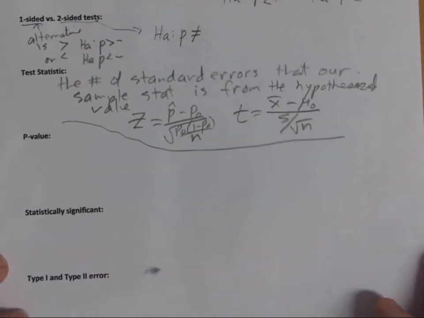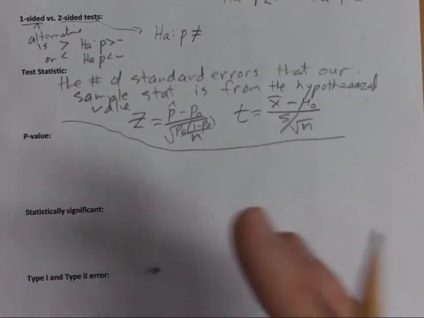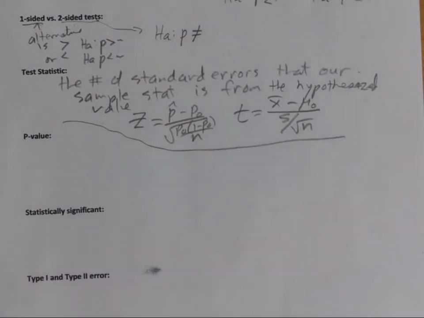A p-value. The p stands for probability. It is a conditional probability, and it's what we've been finding every time we use normal CDF or something like that.